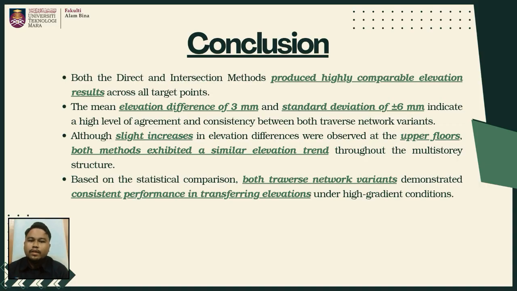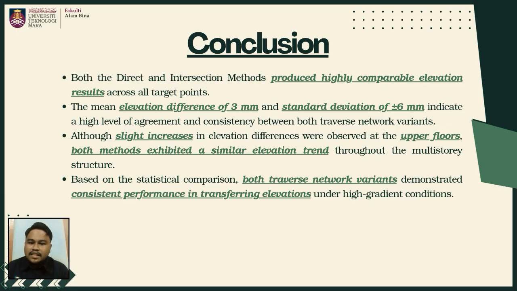To conclude, both the direct and intersection methods have produced highly comparable elevation results. The mean elevation difference of 3 millimeters and standard deviation of plus minus 6 millimeters indicate a high level of agreement and consistency between both traverse network variants.